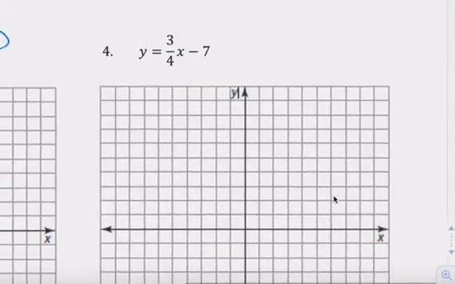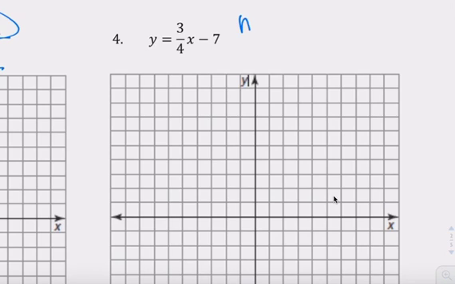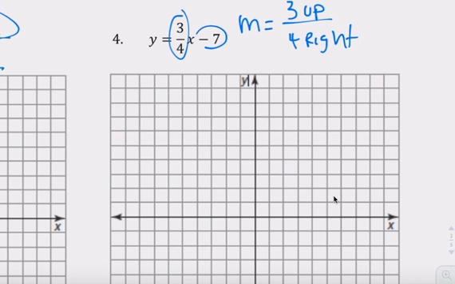Okay, number 4, same thing. The rate of change, or the slope, is 3. It's the number next to the x, the variable x. It's the coefficient next to x. 3, positive, so it's going up 3 and right 4. Okay, rise over run. Your y-intercept is -7.